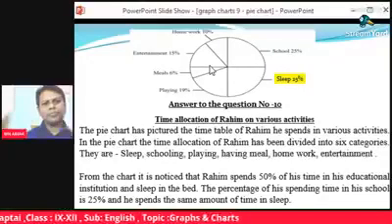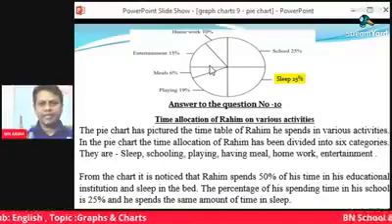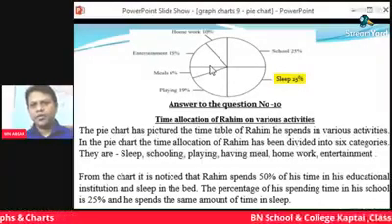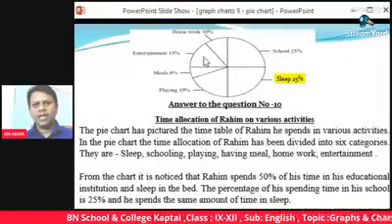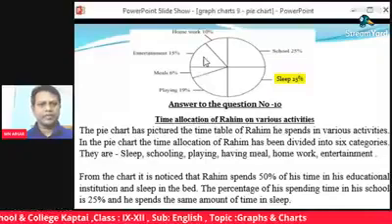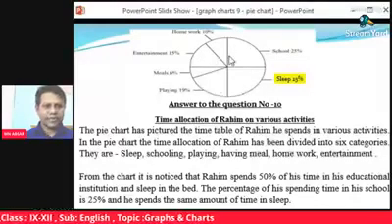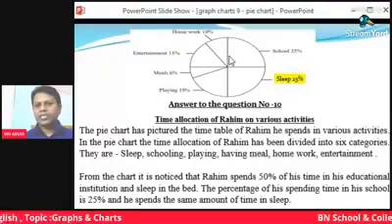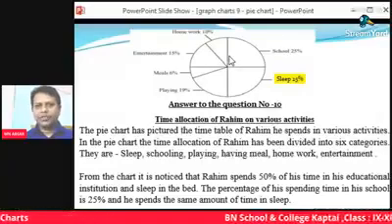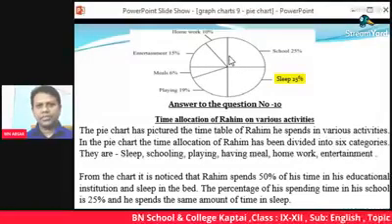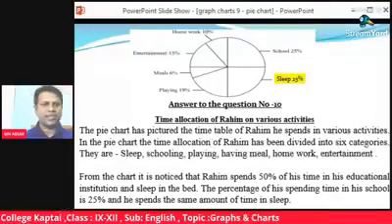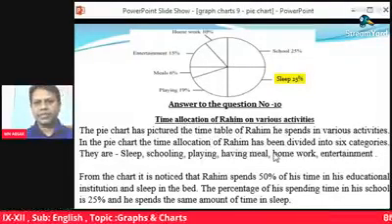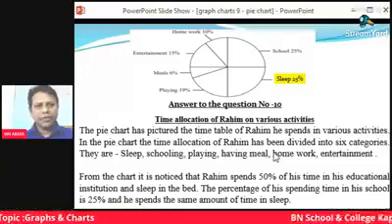I mean, 6টা ক্যাটাগরিতে ভাগ করা হয়েছে. Look, 1 2 3, 1 2 3, 4 5 6. How many categories here? There are 6 categories. So you see, in the pie chart, the time allocation of Rahim has been divided into 6 categories. Okay, and what are they?